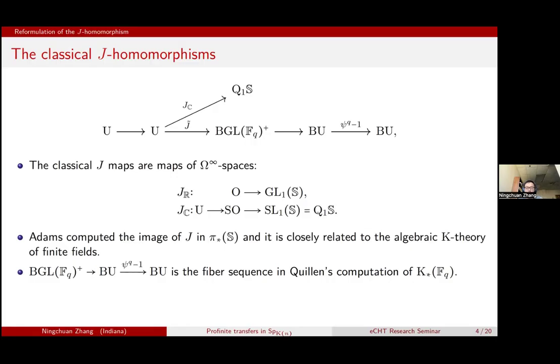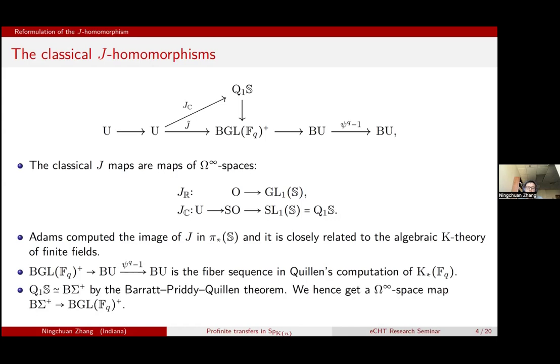Finally, the two maps, J_C and J tilde, are connected by the Barratt-Priddy-Quillen theorem, that Q_1 S is also the connected component of the algebraic K-theory of finite sets. Another model for it is the plus construction on the classifying space of the infinite symmetric group.